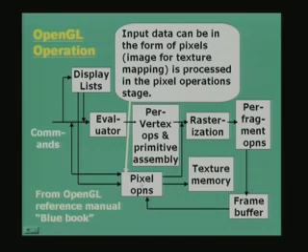Such data which might describe an image for use in the texture mapping skips the first stage of processing described above. That means, it bypasses all these evaluator, per vertex operations and primitive assembly and rasterization. Directly it goes to pixel operations. So, it skips all the first stage of processing and instead is processed as pixels in the pixel operation stage.